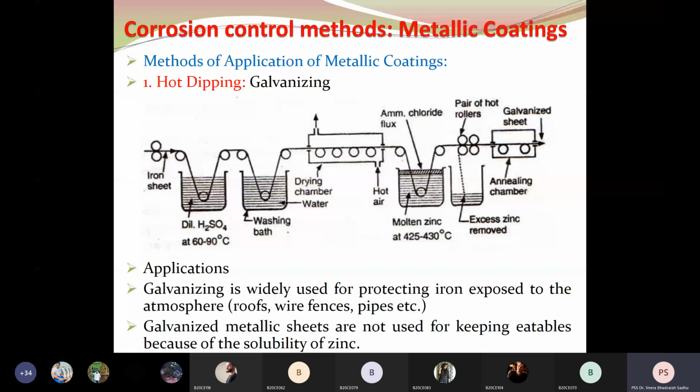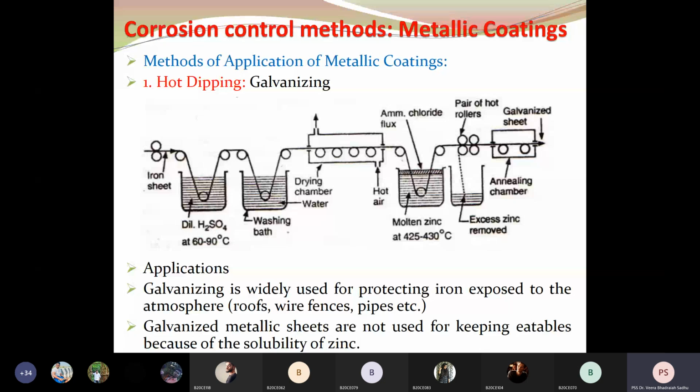That's why you need an annealing process. When you anneal it, there will be a perfect bonding between iron and zinc. Then you will get a stable coating, and it will last for the long term. So this is the galvanizing process.